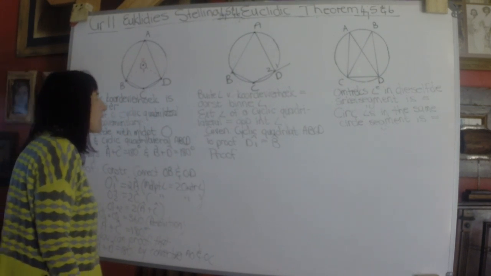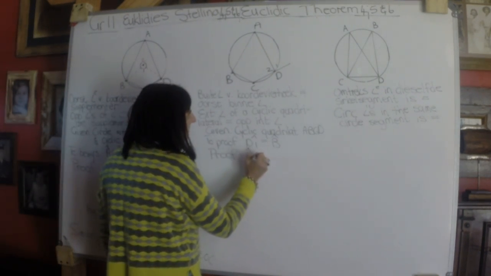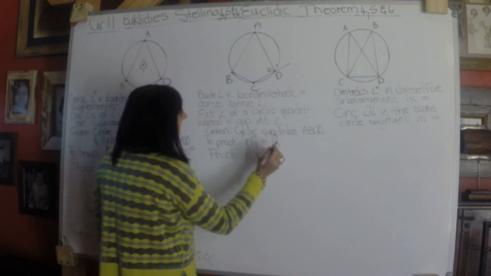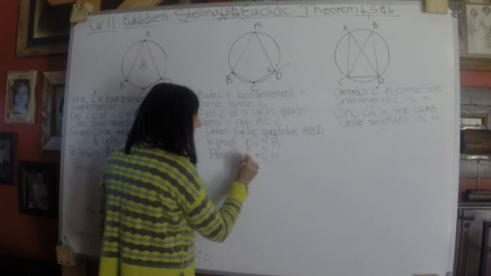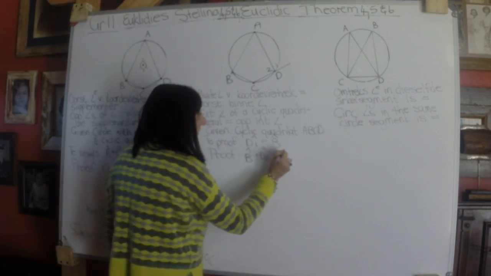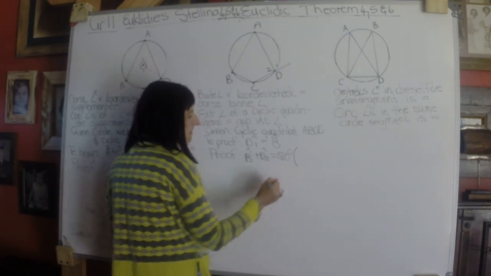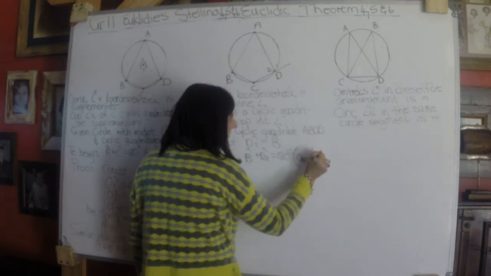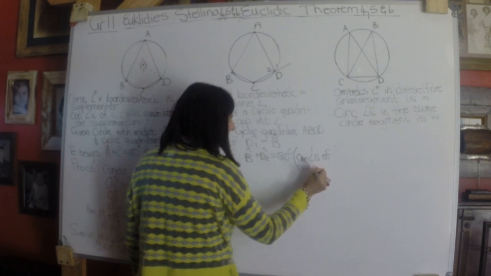So we're going to start with B plus D2 equals 180 degrees. The reason for that is opposite angles of a cyclic quadrilateral.